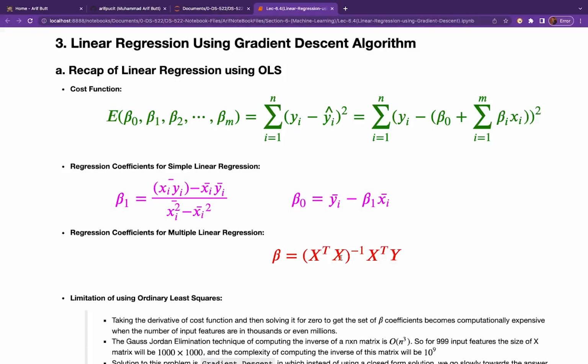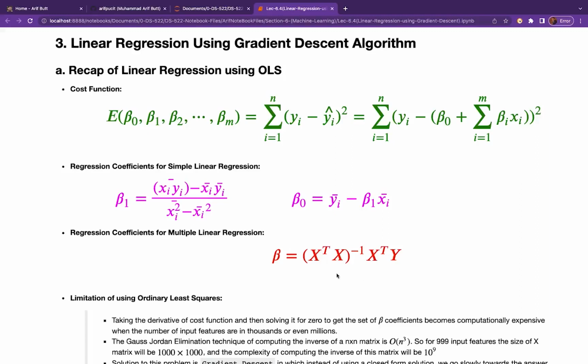My dear students, now the $100 question is, when we can solve simple as well as multiple linear regression problems using the ordinary least squares method, why on God's earth do we need to use the gradient descent algorithm to do the same? Well, the answer to this question is, when dealing with textual data or maybe audio or image data, the number of features in our dataset goes to millions, and the size of this matrix X becomes million by million.